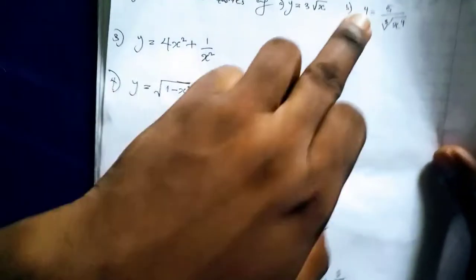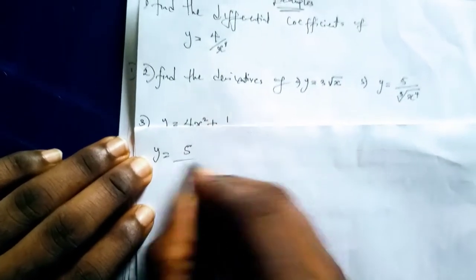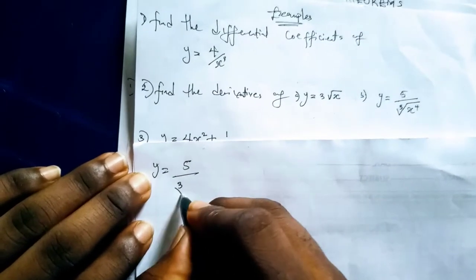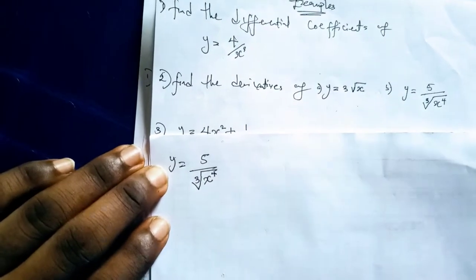So let's look at the B part of the number 2. We are asked to find the derivative of y equal to 5 over the cube root of x raised to the power of 4.